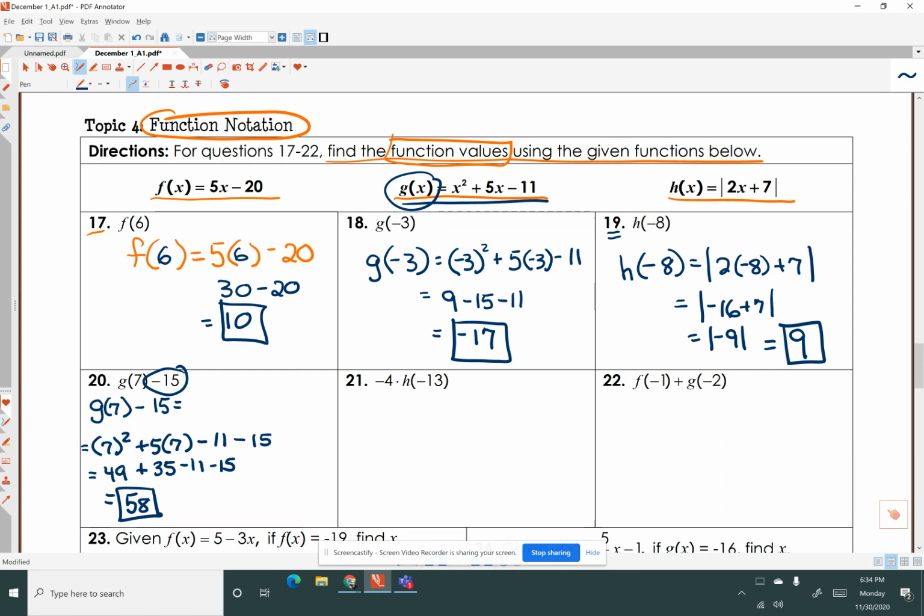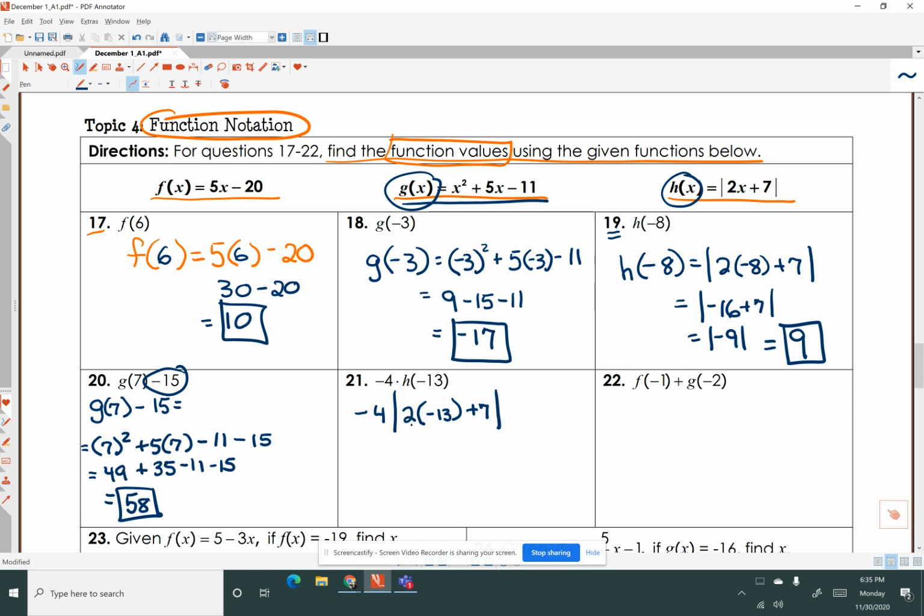Number 21, we're asked to find negative 4 times h of negative 13. So here's our h. So this will be negative 4 times the absolute value of 2 times negative 13 plus 7.